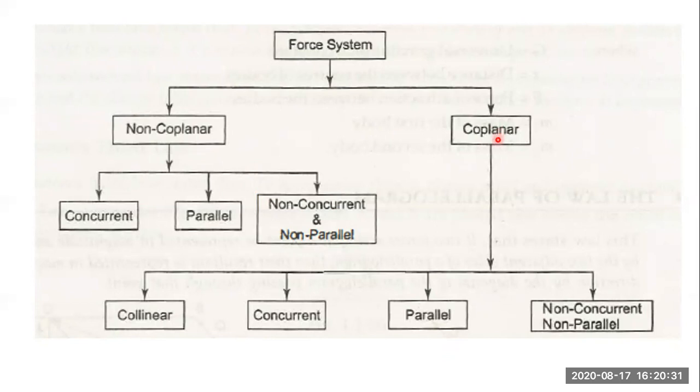And the coplanar forces may be of four types: collinear coplanar, concurrent coplanar, parallel coplanar, and non-concurrent non-parallel coplanar. So you can see this 1, 2, 3, that is concurrent, parallel, and non-concurrent non-parallel. These three types are common in both non-coplanar and coplanar.